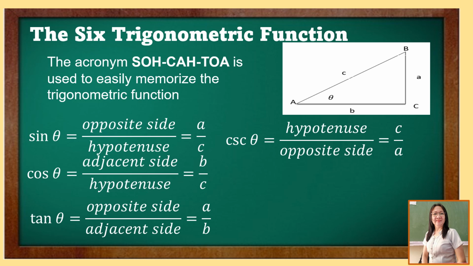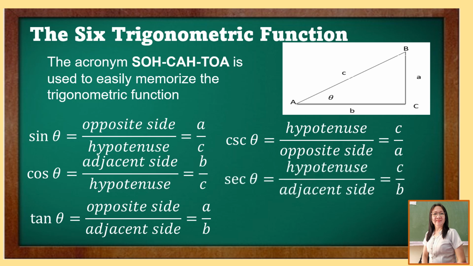So we have the value C over A. Similarly, the reciprocal of cosine theta is the secant theta, where it is described as hypotenuse over the adjacent side. So the hypotenuse is C and the adjacent side is B. So secant theta is C over B.